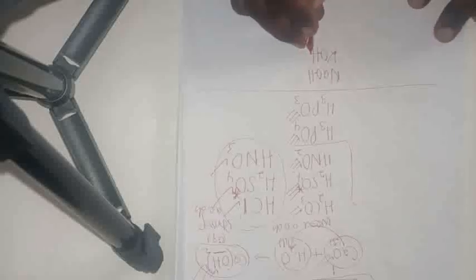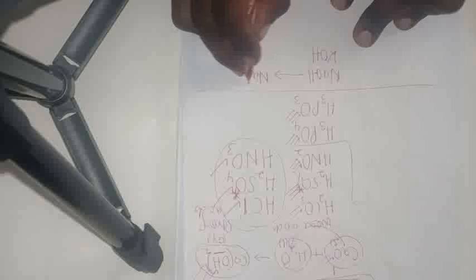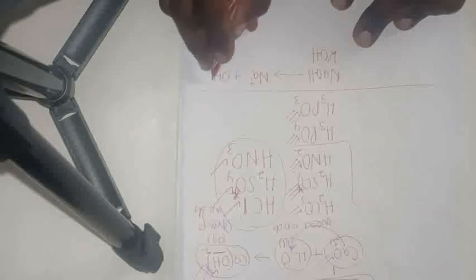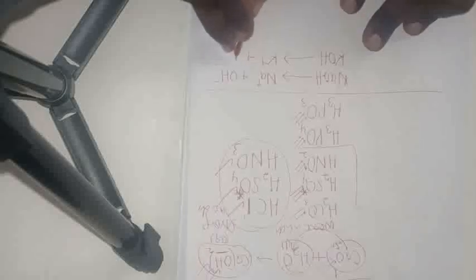Now, in terms of the bases, bases can also portray the same aspect. How? If I use an example of sodium hydroxide or potassium hydroxide, and I decide to have them ionized, look at that. I expect to have these as my products on the product side of these equations.